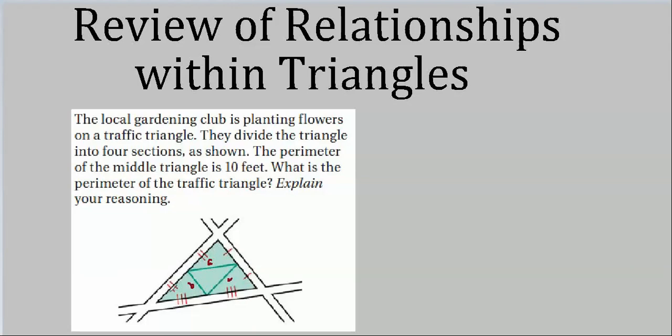Well, this side over here has to be 2C. This side over here is 2A, and on down the line. So the perimeter of the large triangle, we'll say P sub L, is 2A plus 2B plus 2C, and of course we can easily use our distributive property to rewrite it this way.